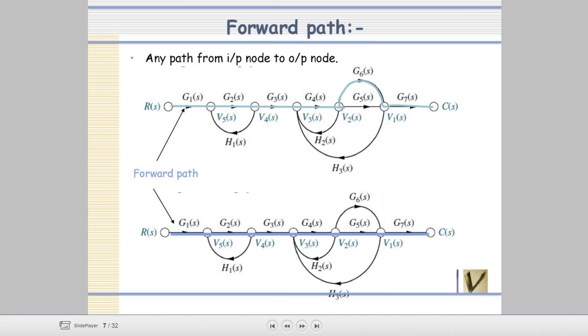Now please observe this diagram. R of s, C of s, these are the dummy nodes. So G1, G2, G3, G4, G5, G7, these two nodes are connected by the branch. G1, G2, these are the gains of that particular branch.